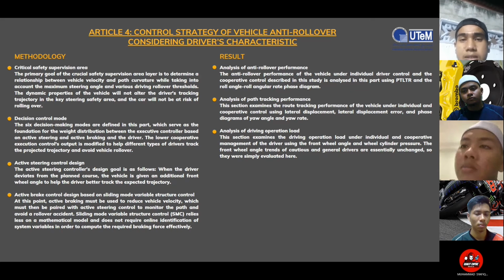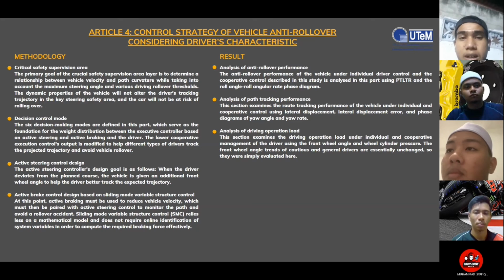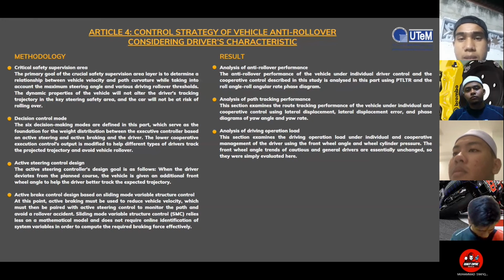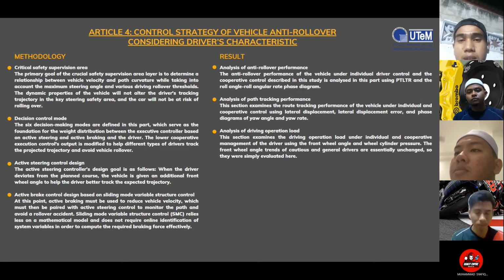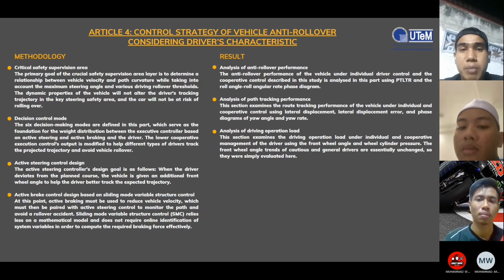For the result, the first is analysis of anti-rollover performance. The anti-rollover performance of the vehicle under individual control and cooperative control is analyzed in this part using PLTR and roll angle rate based diagram. Next, analysis of path tracking performance.